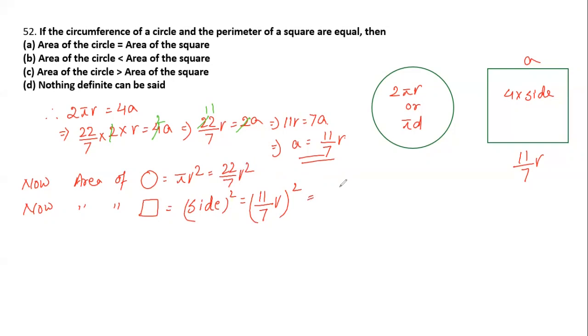So 11/7r square, that is 121/49 r square. After simplification, what will we get? Whether it is simplified or not, let's check.